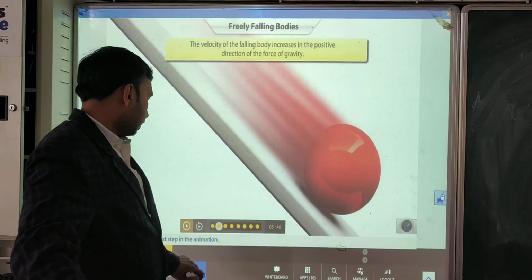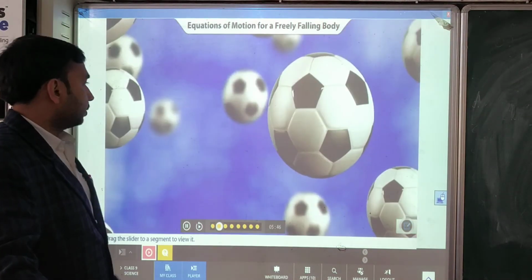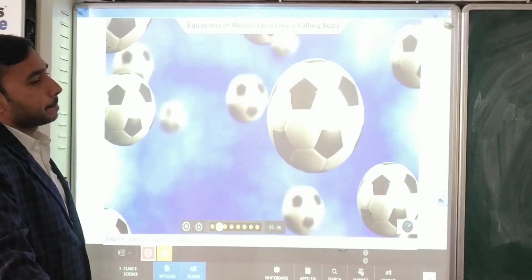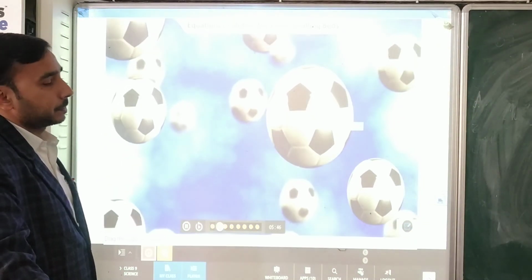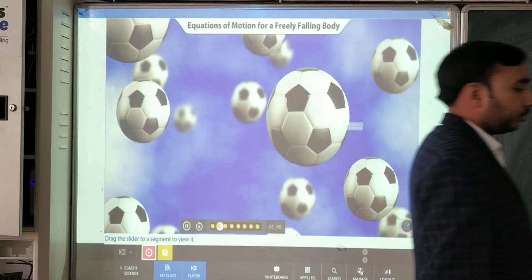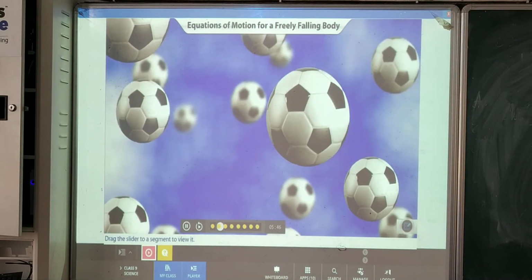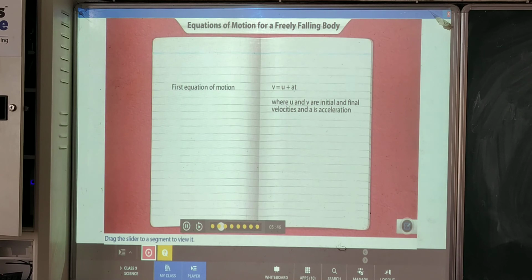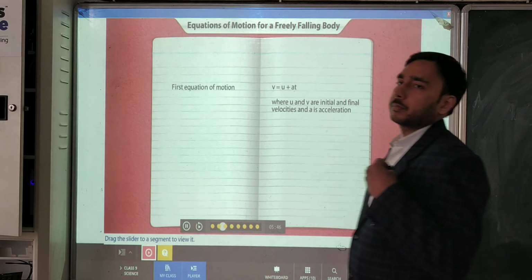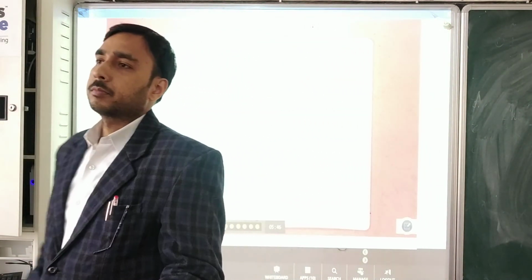Now when we talk about the second aspect, like any other moving body, the motion of a free-falling body can be expressed in the form of equations. These equations are known as equations of motion. Let's see what they are. For any moving body, we know the first equation of motion is v equals u plus at, where u and v are the initial and final velocities and a is acceleration.